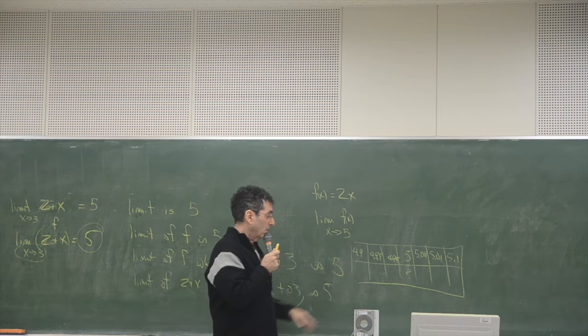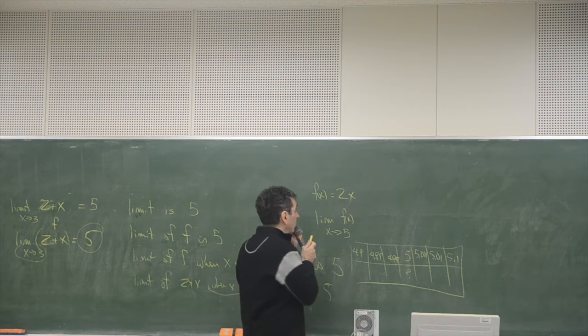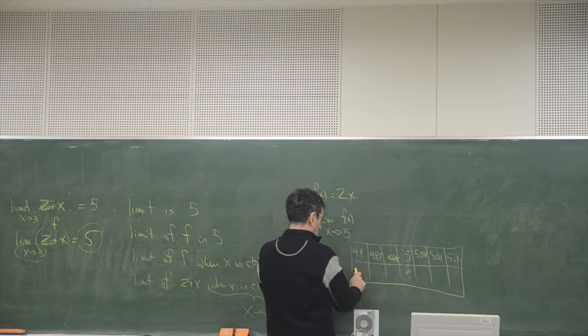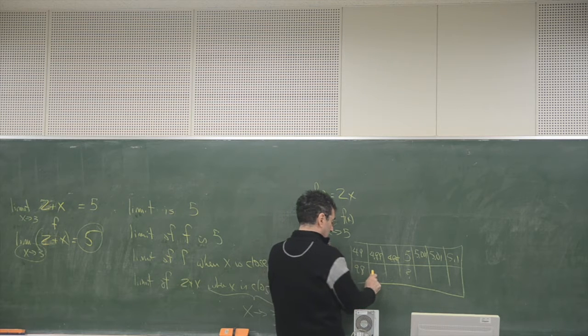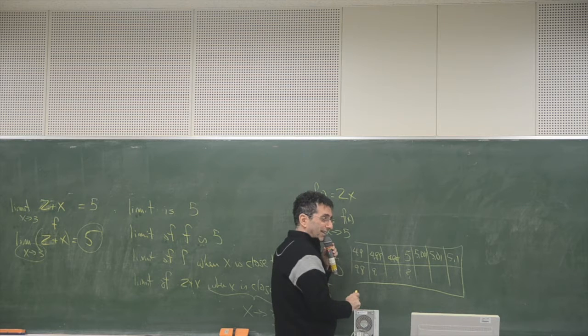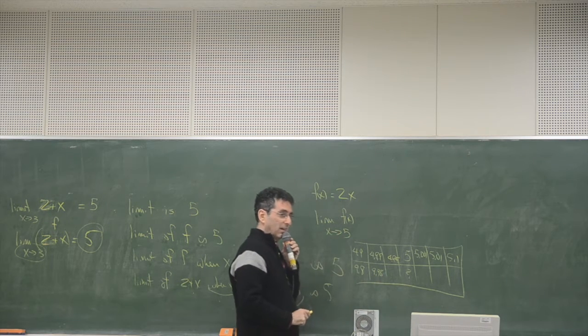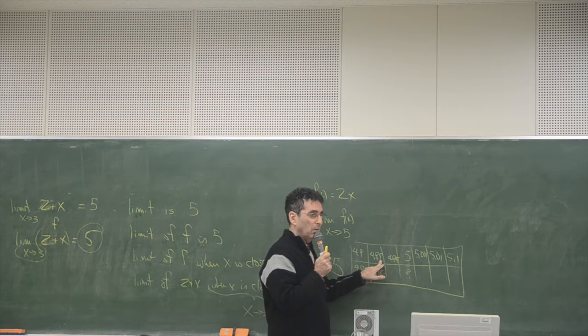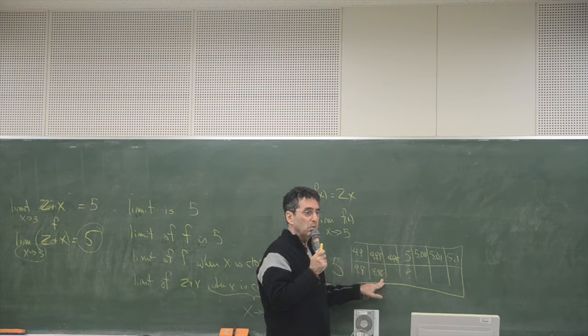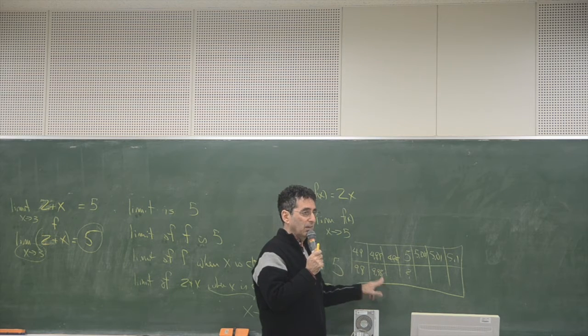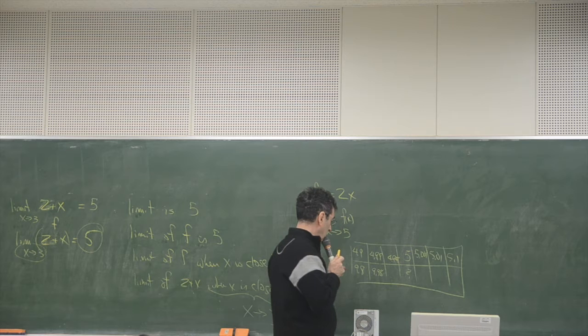Now, we happen to know the function, so we don't need somebody to tell us what to put in here. At 4.9, it's 9.8. And at 4.99, what is that? 9.98, is that right? Because this is 1/100th away, so doubling it is going to be 2/100ths away.